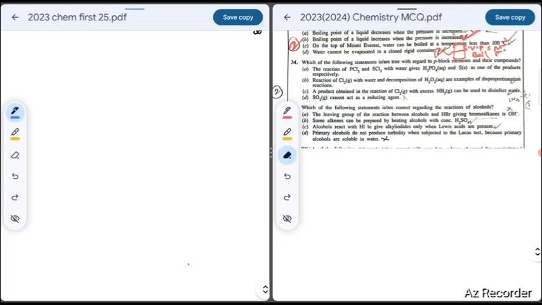So let's see the reaction of PCl5 with water. PCl5 with water gives H3PO4 plus HCl.